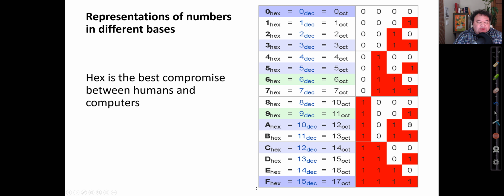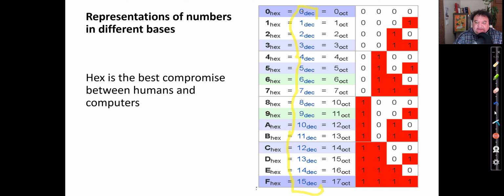So let's look at how numbers are represented. Here I'll show different ways of counting. First of all, decimal is basically what we normally use for representation. And we know that base 10 really derives from the fact that we have 10 fingers.